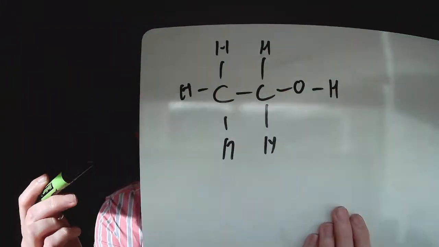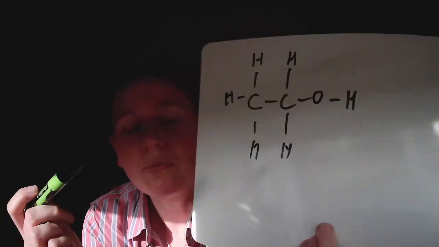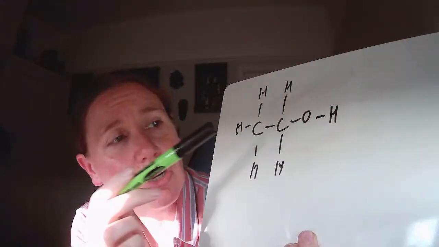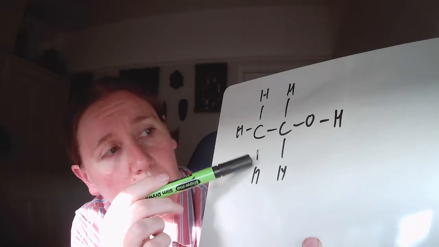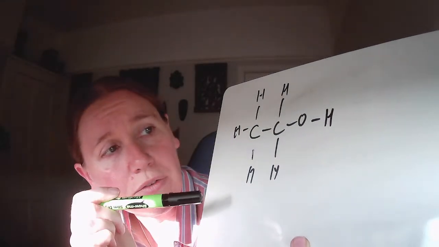So to do this, you need to work out what bonds are present. Hopefully, if they give you a question like this, they will be nice, and they will have actually given you the displayed formulas, like that. If they give you displayed formulas, we need to work out how many of each type of bond are present. So here we've got carbon-hydrogen bonds. We've got 1, 2, 3, 4, 5 of those.